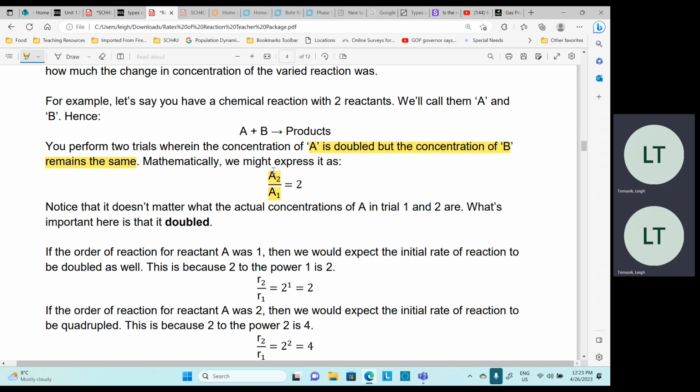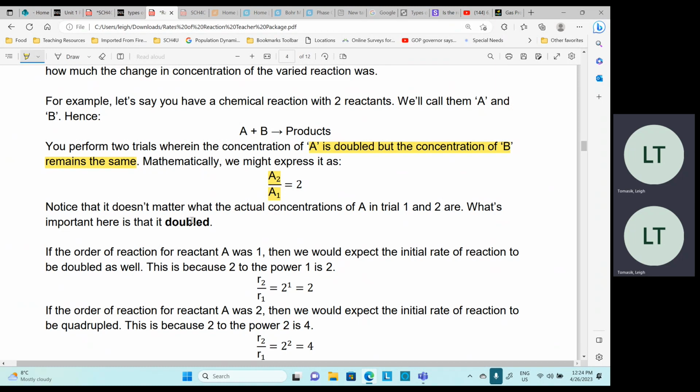Say the concentration was 3 moles per liter in one experiment and 6 moles per liter in the other. 6 divided by 3 gives you 2. It doesn't necessarily have to be 1 and 2, just that the concentration is doubled in one experiment for A.